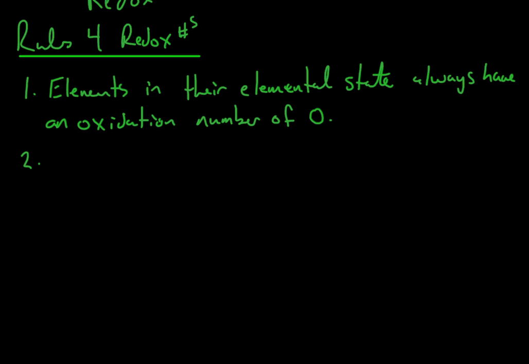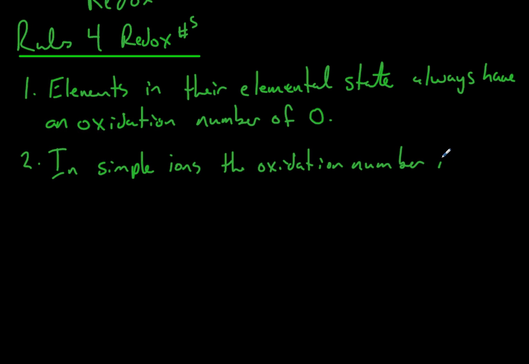In simple ions, a simple ion is just an atomic ion, not a polyatomic ion. So in simple ions, the oxidation number is equal to the ionic charge. Maybe we'll do a couple of examples of these.